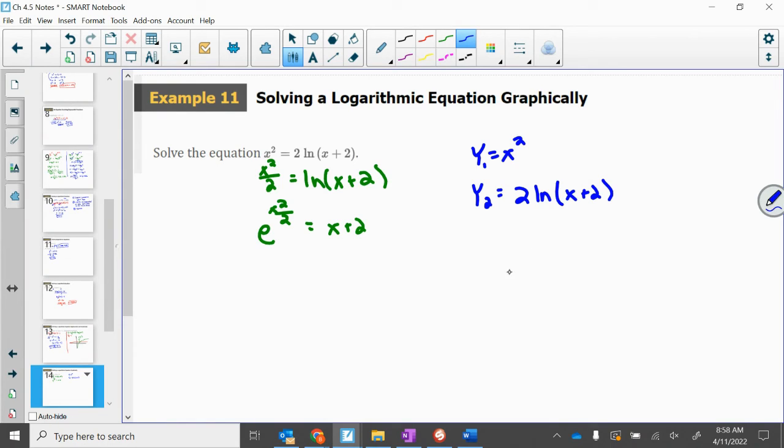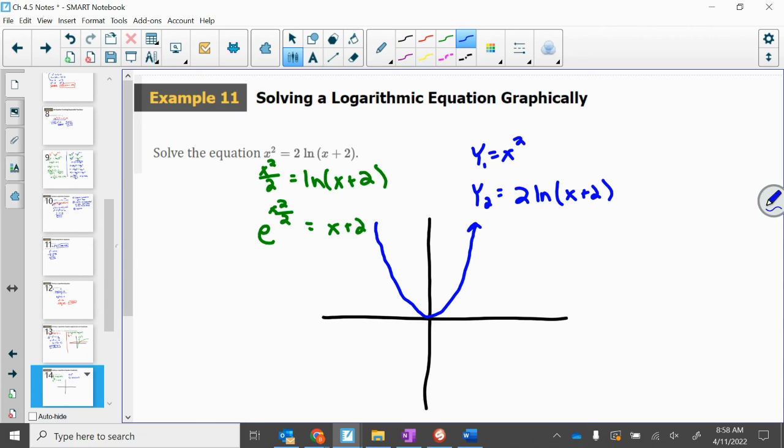So we had our graph look like this. We have x squared was this one, and your logarithm was something like this. So we have this intersection and this intersection. One of the intersections was negative 0.712, comma 0.507.